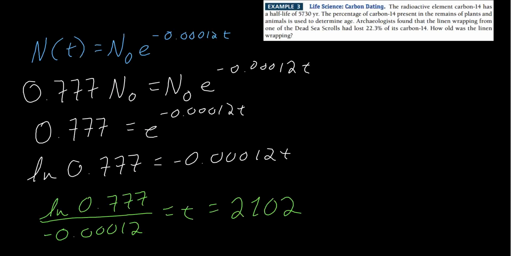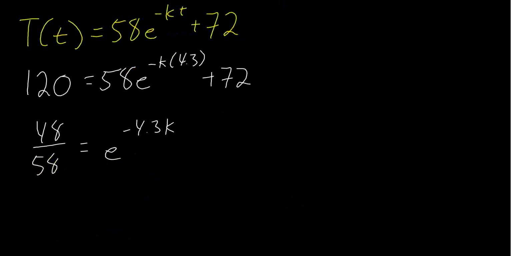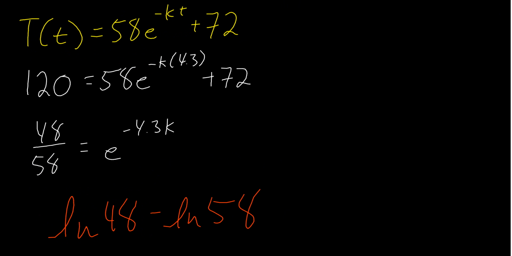In this particular case, I'm not going to go natural log of 48 minus the natural log of 58 because there's really no point. The natural log of 48 and the natural log of 58 are actual numbers. Nothing's 0, nothing I can take out. So I'm just going to keep that the way it is.